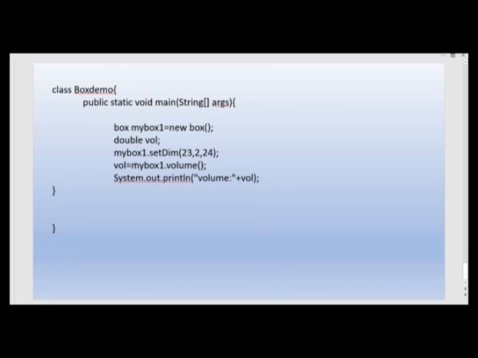This method returns a value, therefore its value must be caught by another variable. This is the vol variable, which catches the output of the volume method.